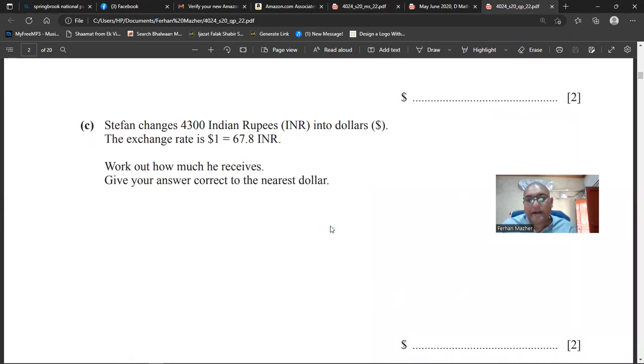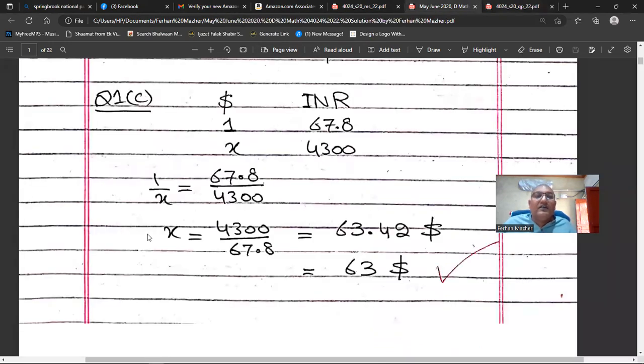You see, here we have to change the money from the Indian rupees to the dollars. So we use the method of proportionality. So $1 means 67.8 Indian rupees. So if you have 4,300 Indian rupees, how many dollars will you get? So I'm going to use the method of proportionality. So this is the way I do it. Dollars, Indian rupees, $1 means 67.8 Indian rupees.